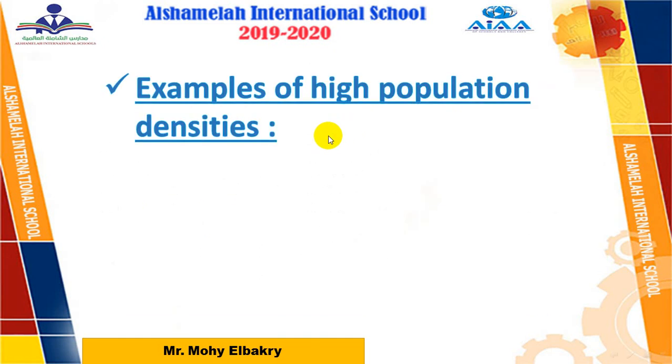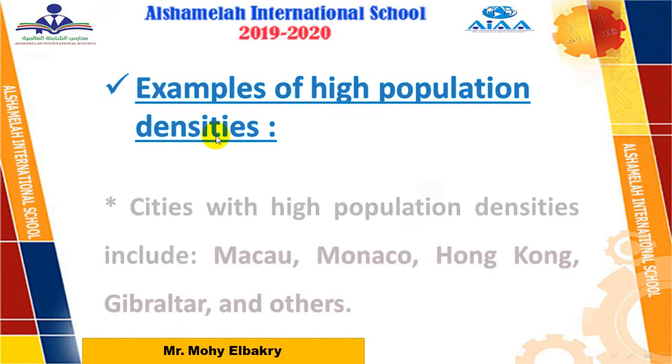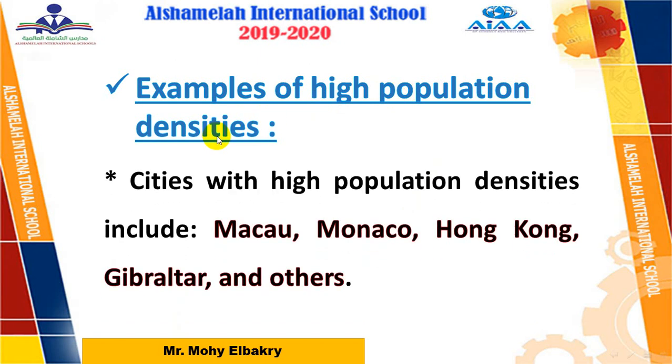Now I want to show you some examples of high population densities. What are cities that have high population density, where the number of people living there is very high?